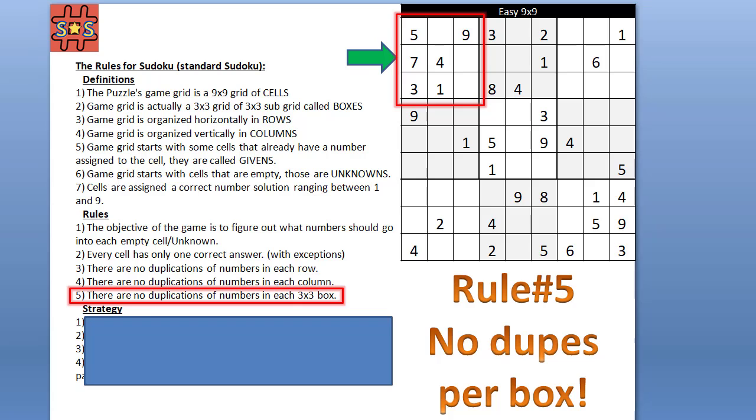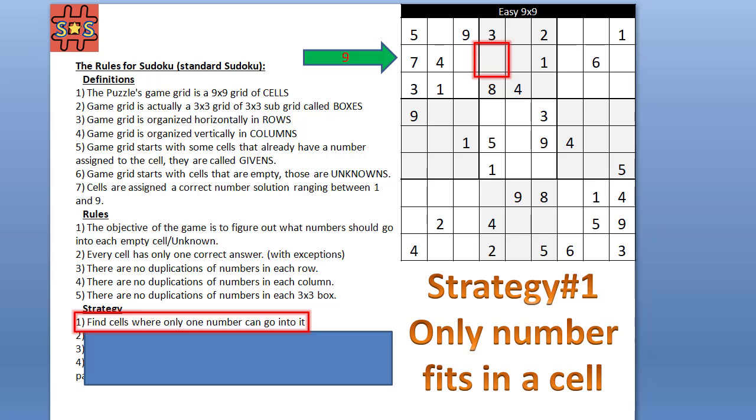All right. There's a couple strategies. Now, you find cells where only one number can go into it. So in this instance, this highlighted cell, if you look, there's a 1 in the same box. So we can't choose 1 for that. There's a 2 in the same box, a 3 and a 4 in the same box. So we know those aren't what go into that space.